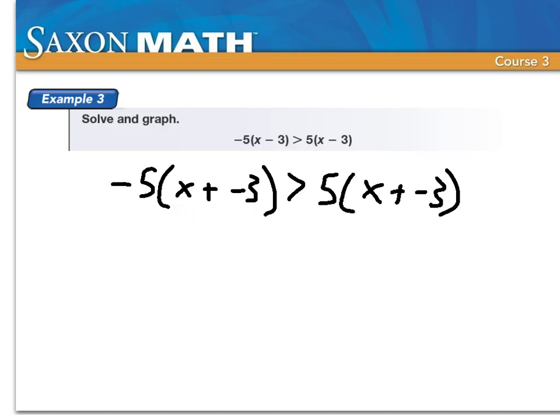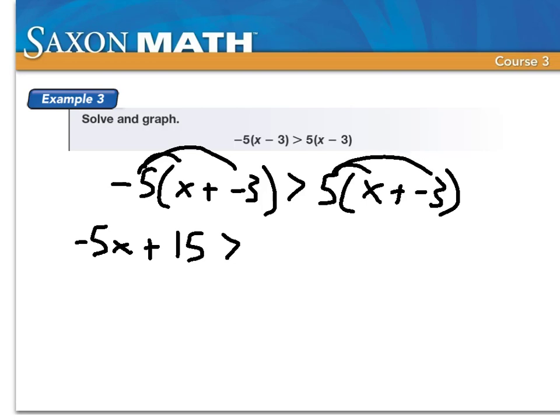We've got parentheses that we can't combine like terms in, so what do we do? We distribute. So I'm going to have -5 times x plus -5 times -3 is 15. And on the other side, I have to distribute over here too. So we got 5 times x plus 5 times negative 3 is negative 15.